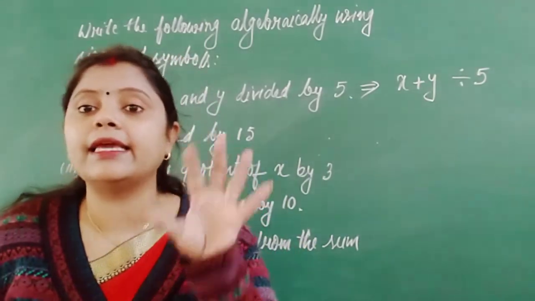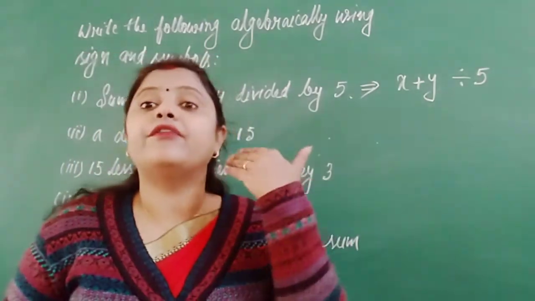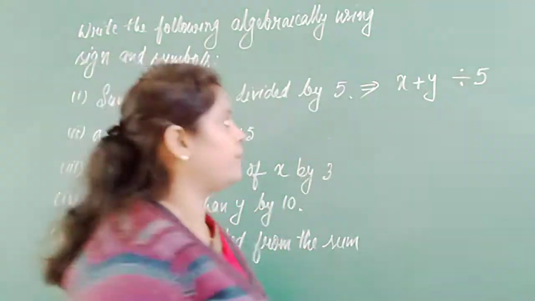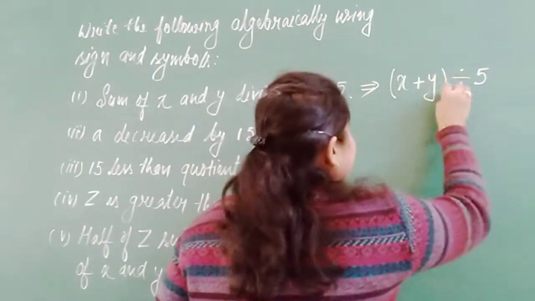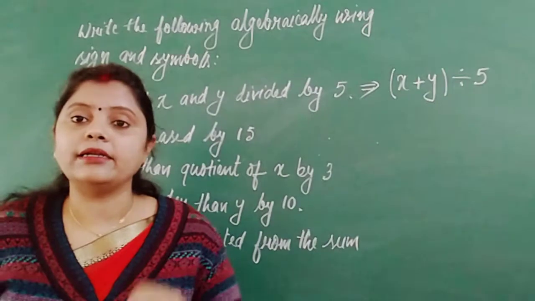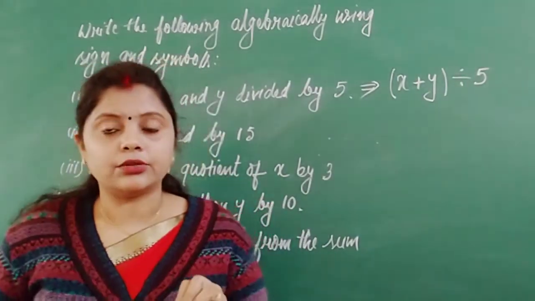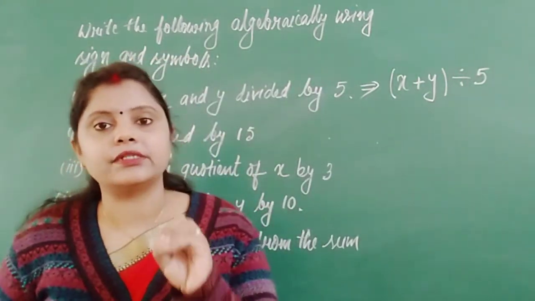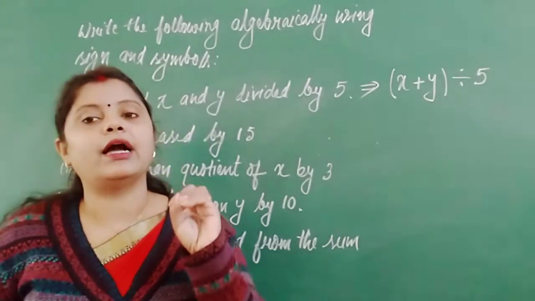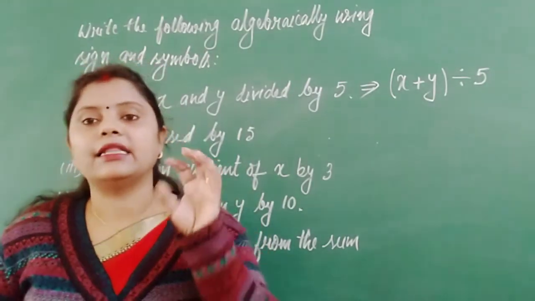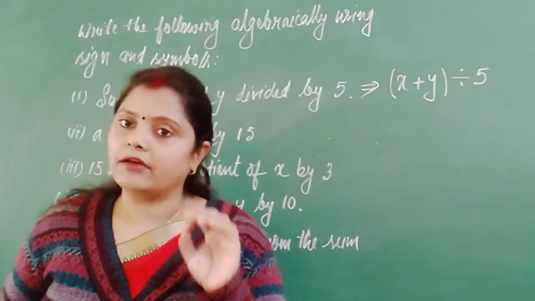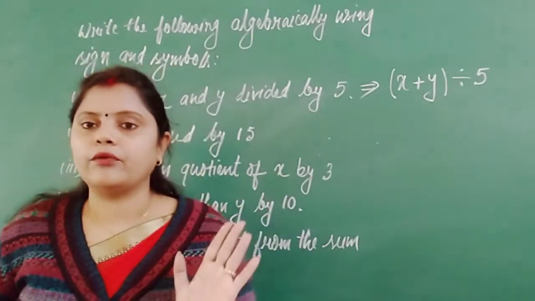That means in any case we have to add x and y first. So what will we do? Yes, we have to put a bracket so that it is very clear to us what we have to do first. Here, first of all, we have to add x and y and then that will be divided by 5. Okay, so this is what we will do here.